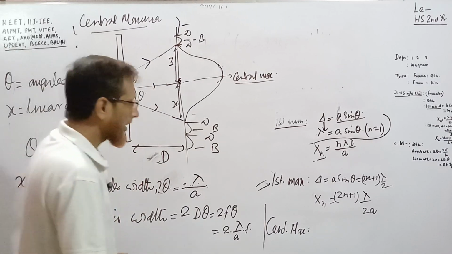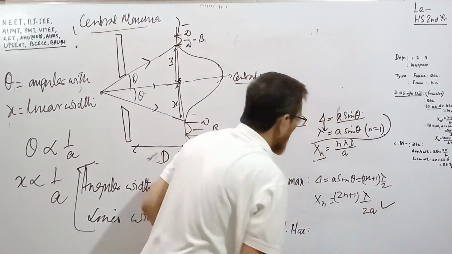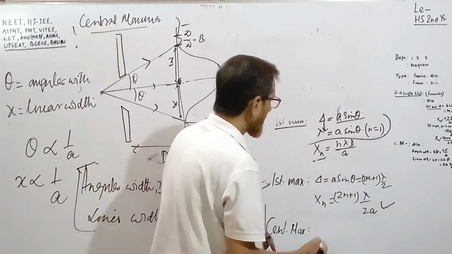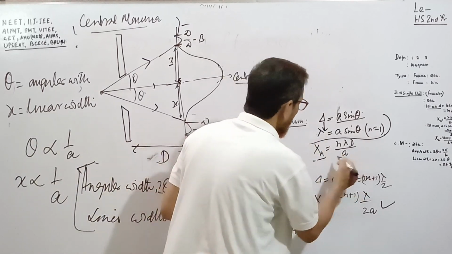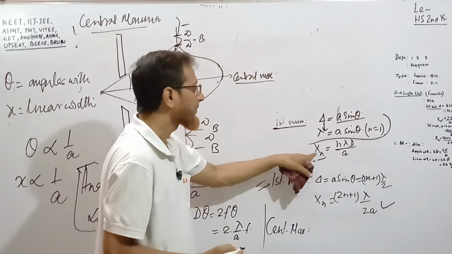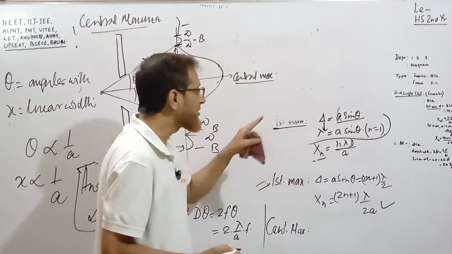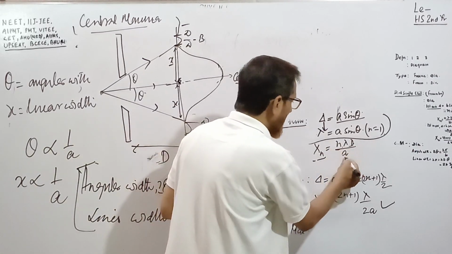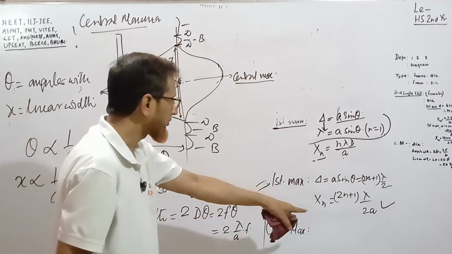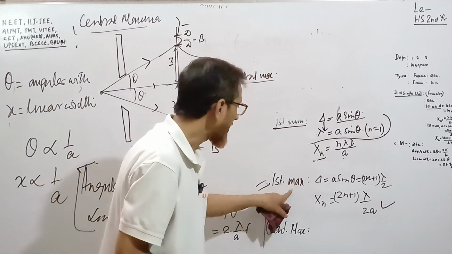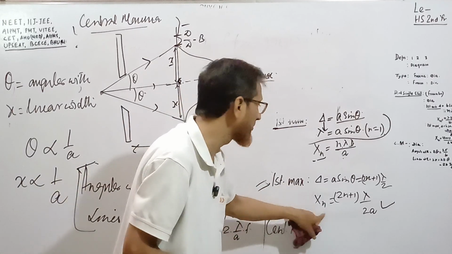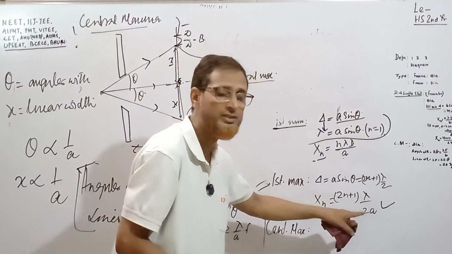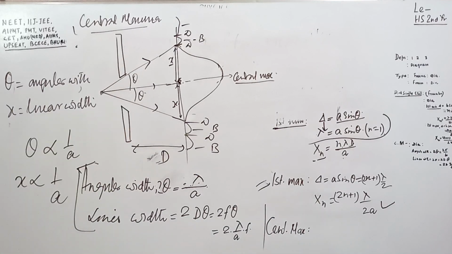Very often the point is this: the distance from the center of the nth minima is equal to n lambda D by a, and the nth distance of the maxima is (2n plus 1) lambda D by 2a, which is very, very important.